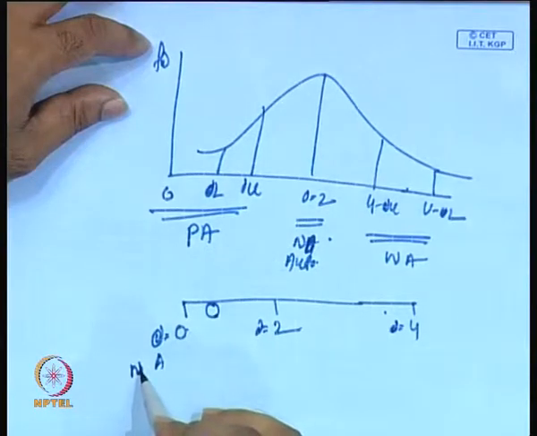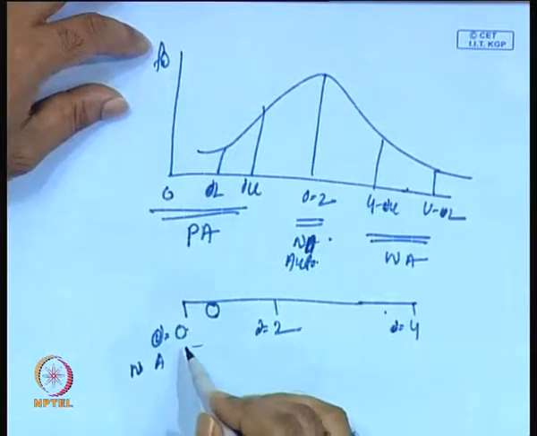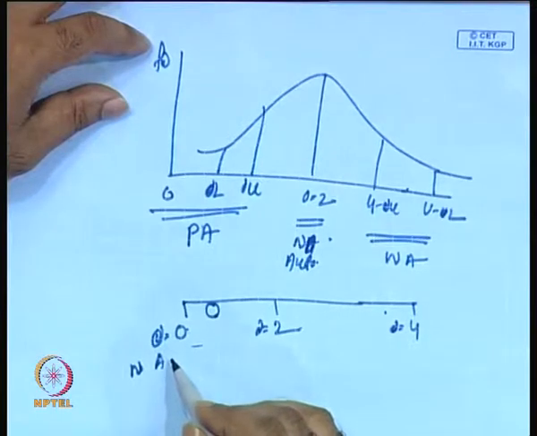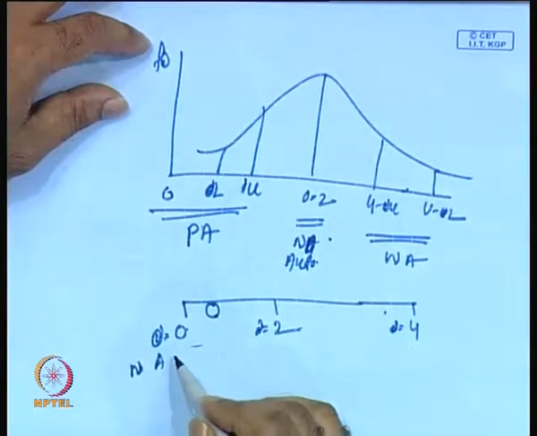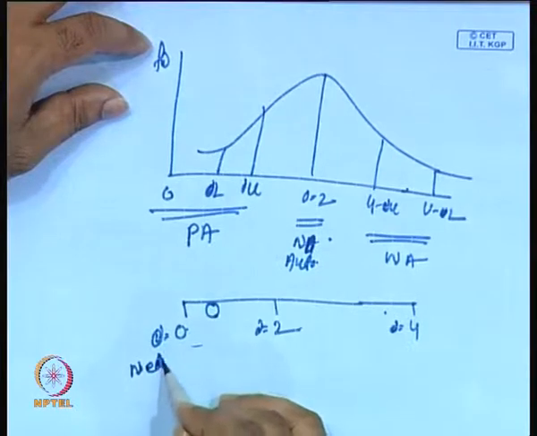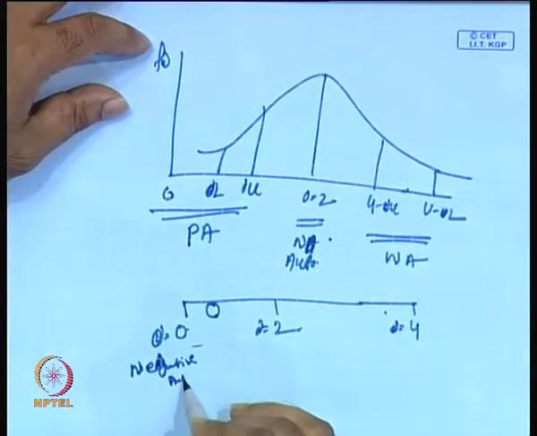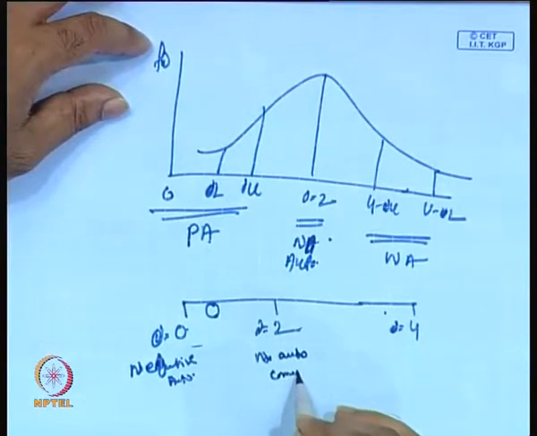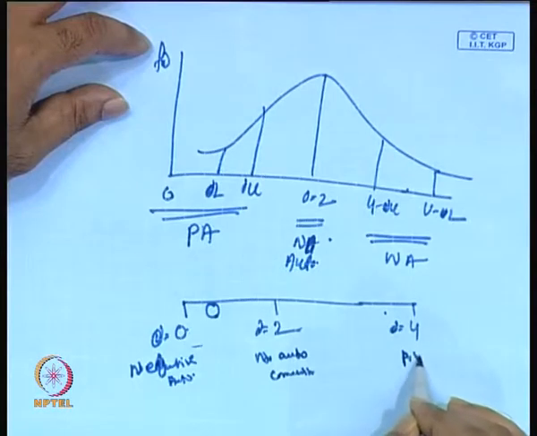Okay, so when d equal to 0, then obviously this particular structure is called perfectly positive autocorrelation. When d equal to 2, this is no autocorrelation.